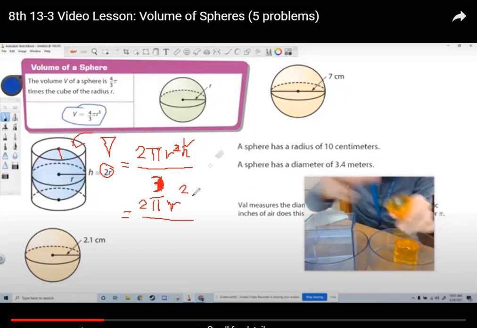As I said, I'm going to put 2r instead of h, over 3. Now we have 2 times 2, which equals 4π, and then we have r squared times r, which is r to the power of 3 over 3.